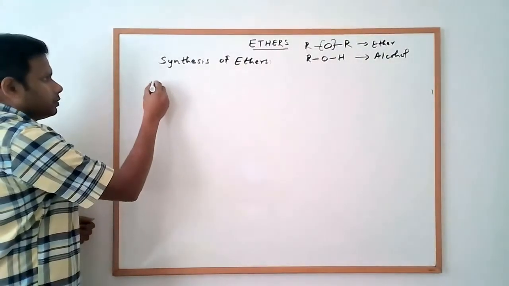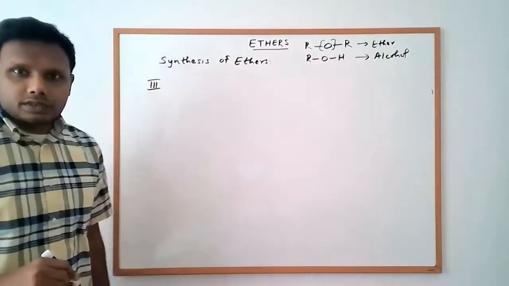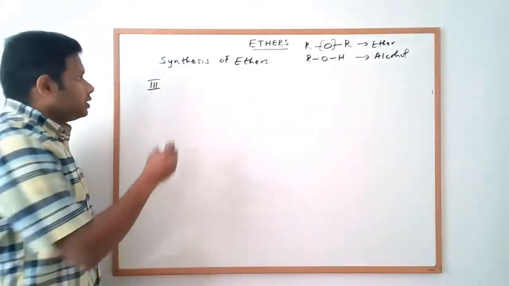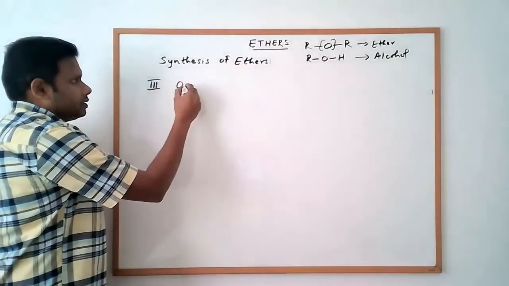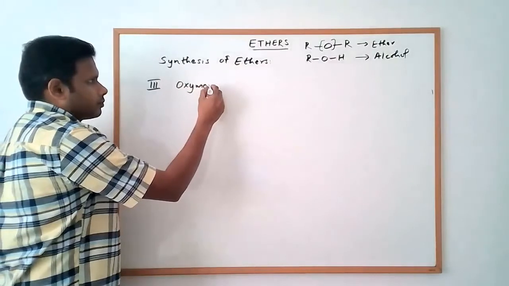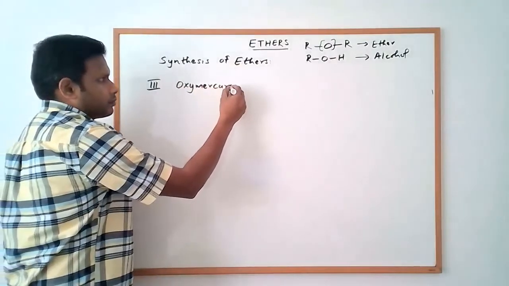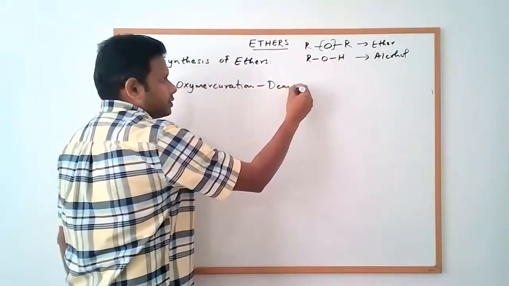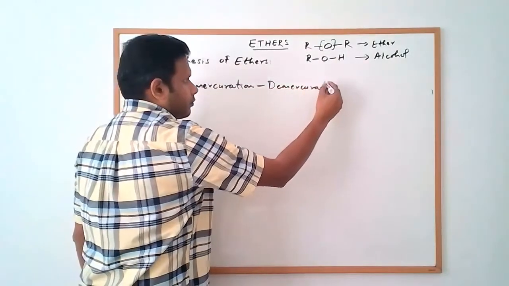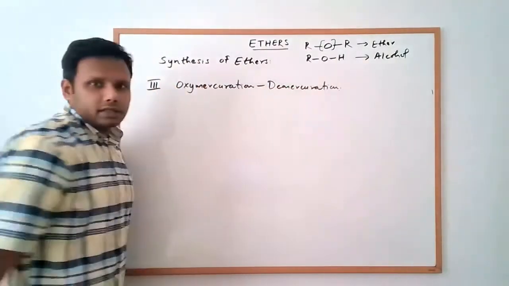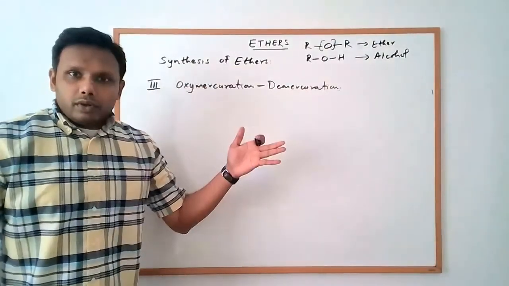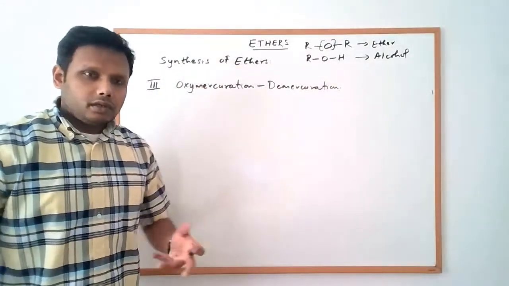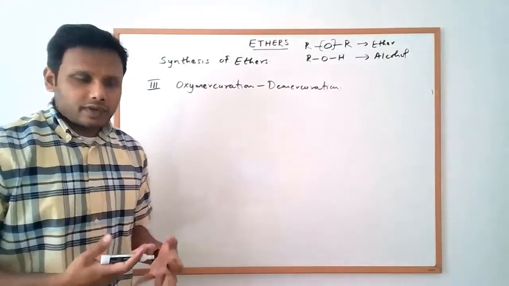A third synthesis for ethers is the oxymercuration-demercuration reaction. We've looked at this reaction prior when we were talking about the reactions of alkenes.